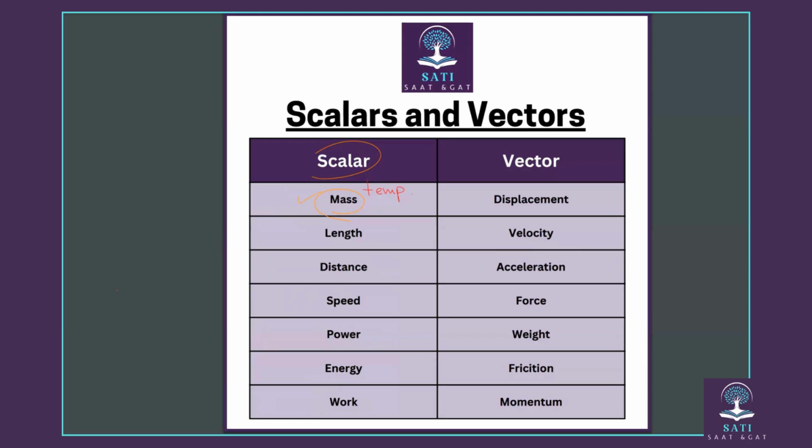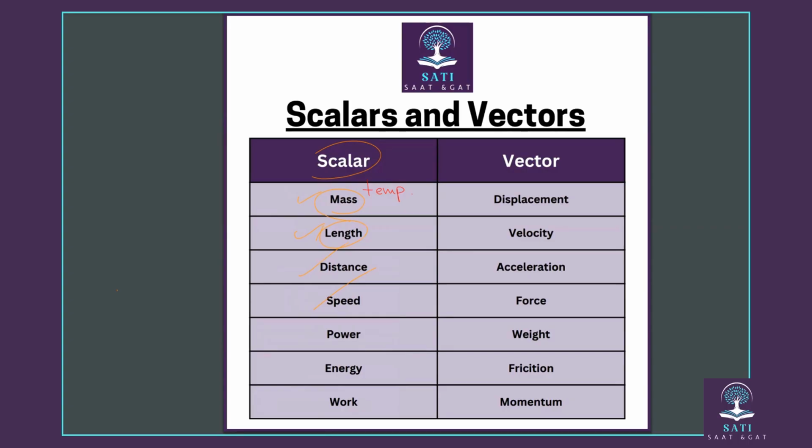When I ask you what is the distance between Mecca and Jeddah, and you tell me it is 80 or 100 kilometers, that's enough. You gave me a number and a unit, so length is a scalar quantity. The distance, the speed, the power, the energy, the work, and other quantities in general are scalar.